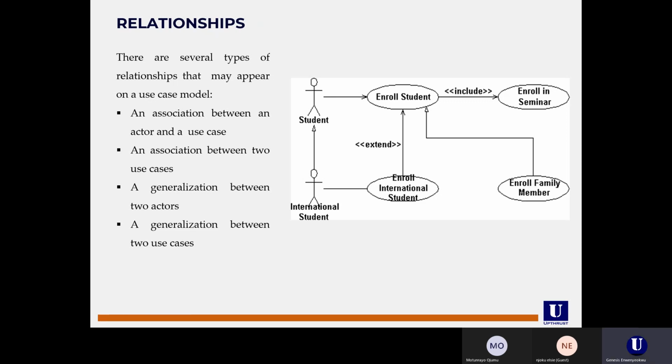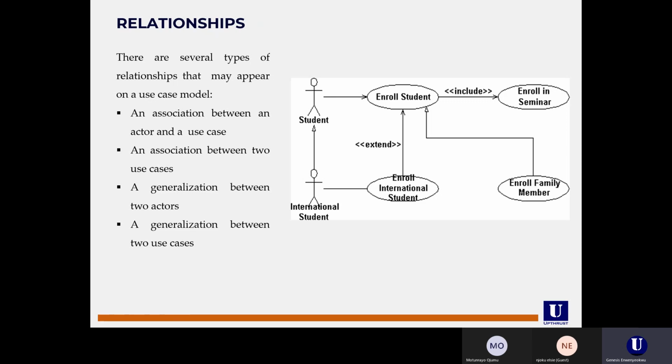An extend relationship between two use cases is when we have a use case that can occur, but the actor or the process or the system can actually go ahead without that use case occurring. Let me explain in more detail.